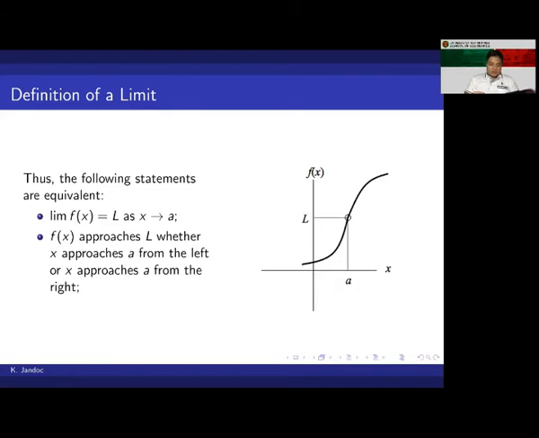So these two statements are the same. If the function approaches L as x approaches a number a, an equivalent way of saying it is that f of x approaches L whether x approaches a from the left or from the right. Those are equivalent statements.